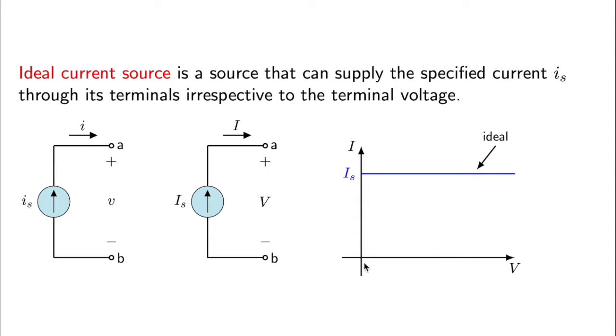So here I am taking the voltage on the x-axis and the current on the y-axis, and that particular current level is maintained constant irrespective of the voltage. So please note the change in comparison to the previous one: I have changed the variable on the horizontal and the vertical axis.